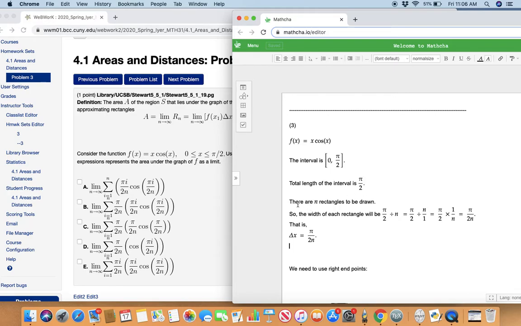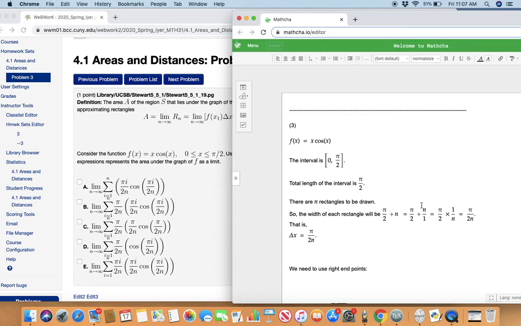If I'm going to draw n rectangles, then the width of each rectangle should be pi over 2 divided by n rectangles, so n pieces. Say this is your interval, you're going to make n cuts. So you want pi over 2 divided by n to be the width of each rectangle.